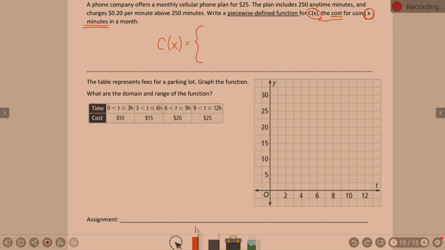There's pieces, because the cost of your bill depends on what? Minutes, right? How many minutes you use. What's one option? Your bill could be a flat, how much? $25. When can my bill be $25?